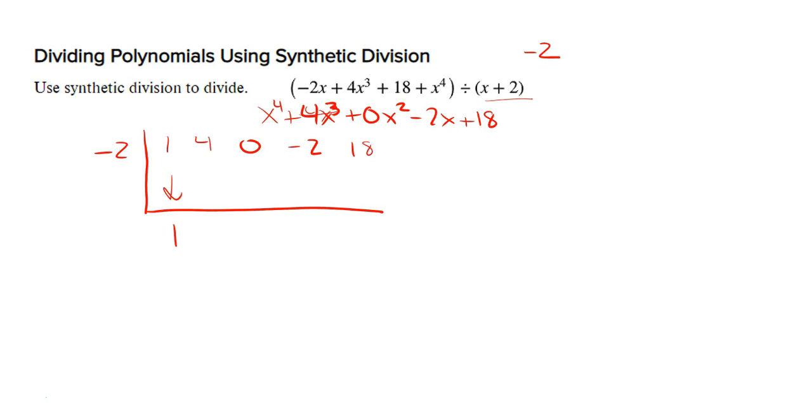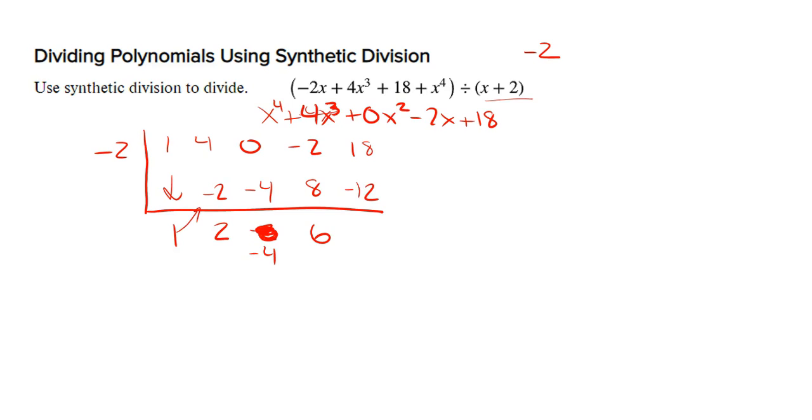1 times negative 2 is negative 2. 4 plus negative 2 is positive 2. Negative 2 times 2 will give you negative 4. 0 plus negative 4 will give you negative 4. Negative 2 times negative 4 will give you positive 8. Negative 2 plus 8 gives you positive 6. Negative 2 times 6, negative 12.